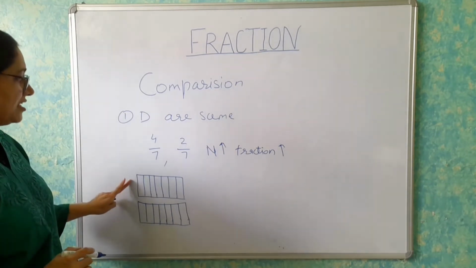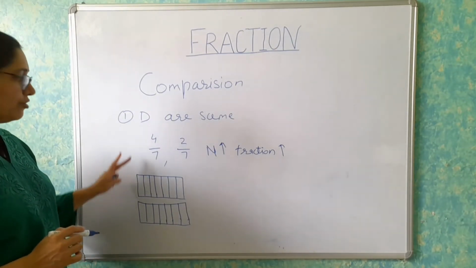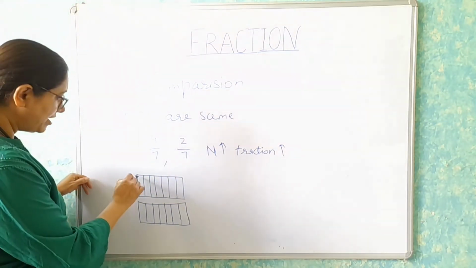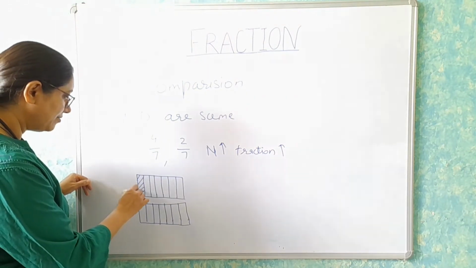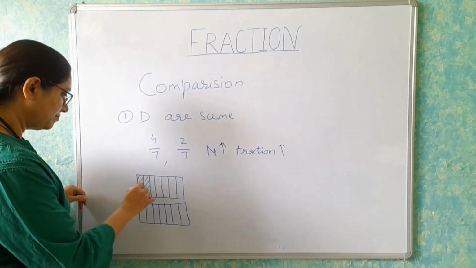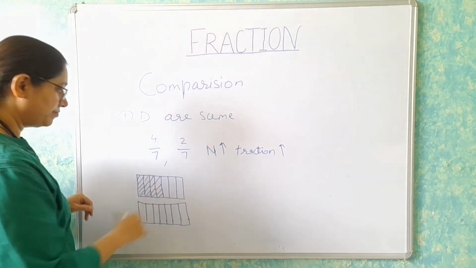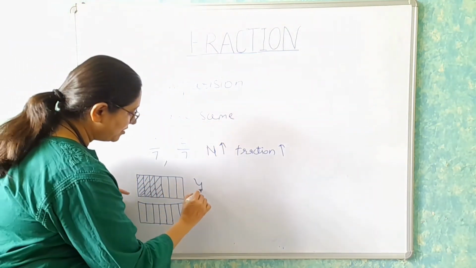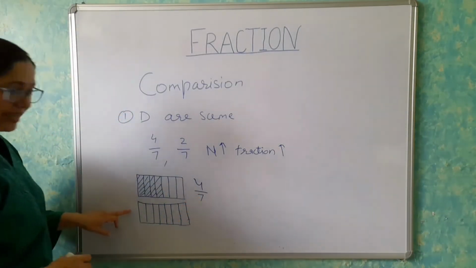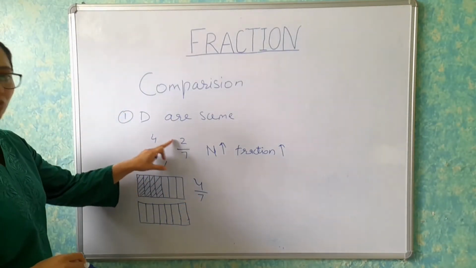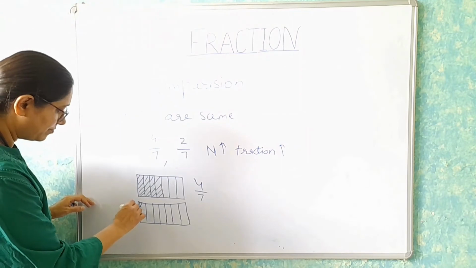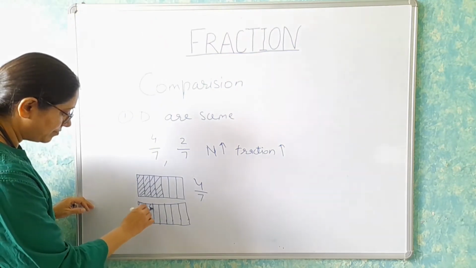But in first case, I am taking 4 parts out of it. So I can represent it like that. This is 4 by 7. And in second case, I am taking 2 parts out of 7.